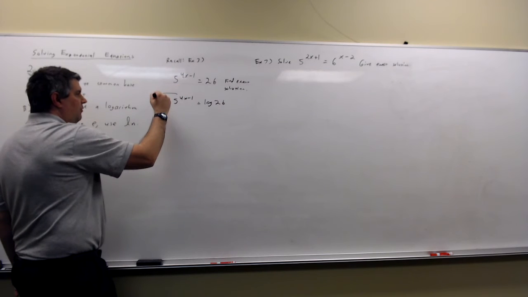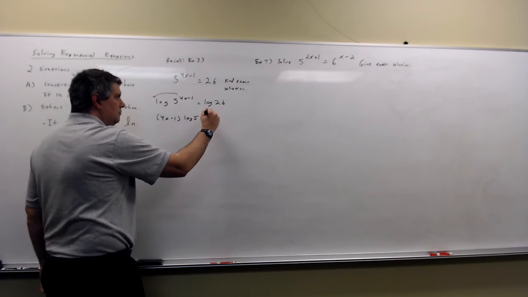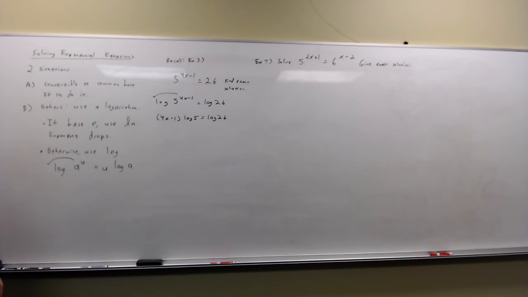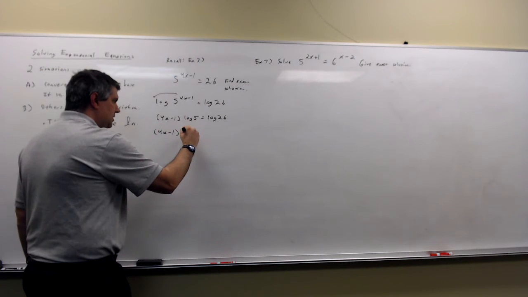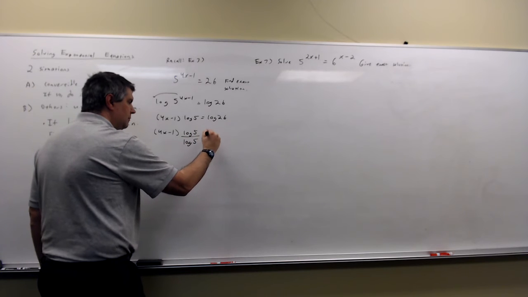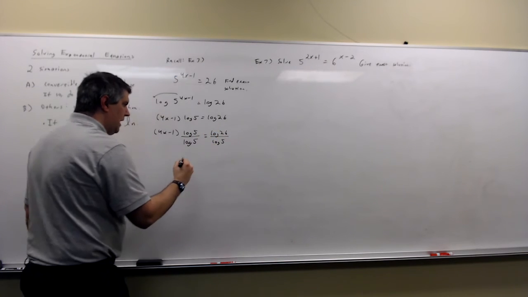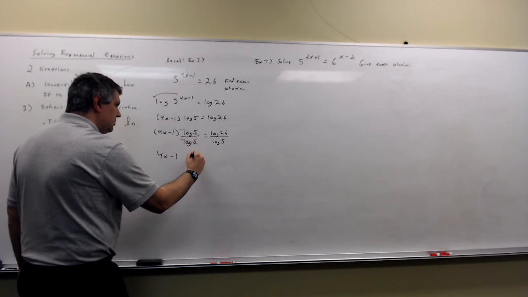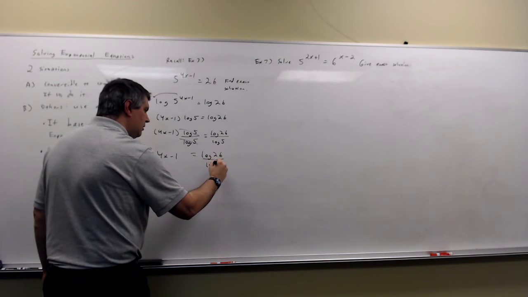Allow me to take the 4x minus 1 to the front. Now the next thing I did was divide off the log on the left side, leaving me, those cancel, 4x minus 1 equals log 26 over log 5.